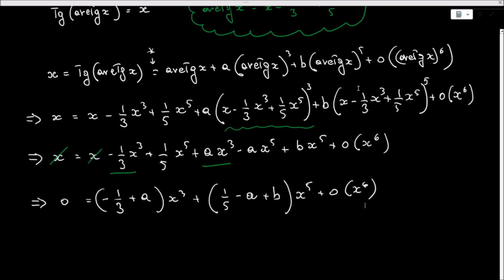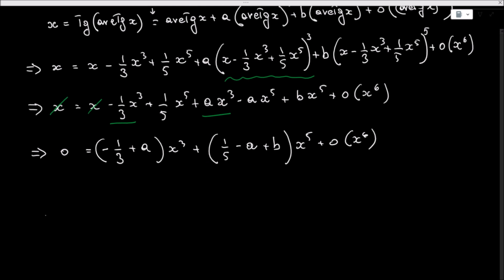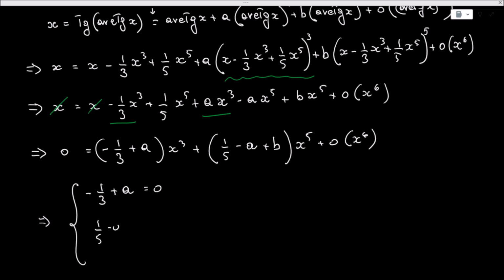And now we have two equations that can be derived by just applying the identity of polynomials. We necessarily have that minus 1/3 plus a must be 0, because on the left hand side there is no coefficient for x to the third. The same way 1/5 minus a plus b must be 0.